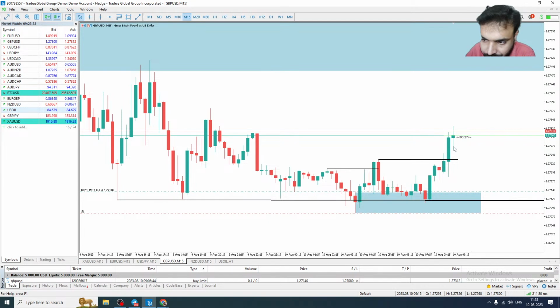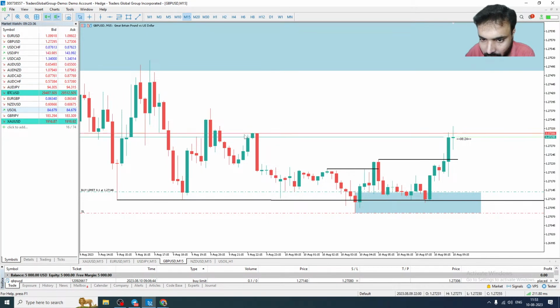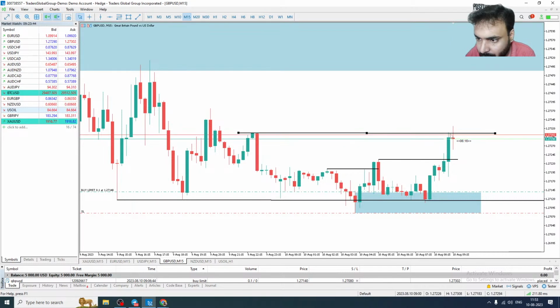Pushing up. Equal high has been taken. This equal high has been taken, and I think it has touched this also, this manipulation. Pushing down.